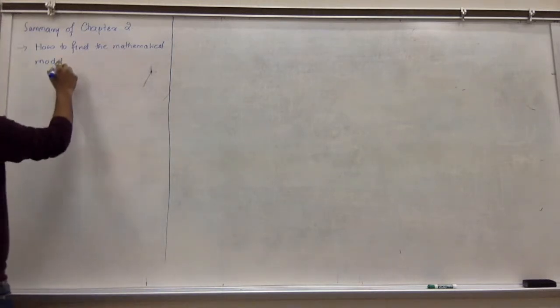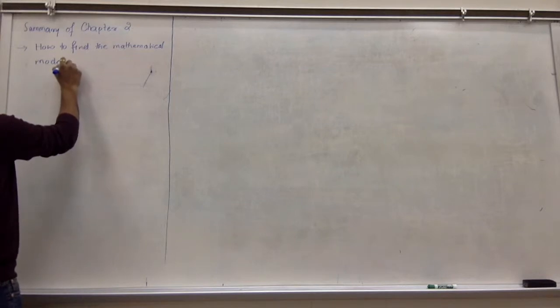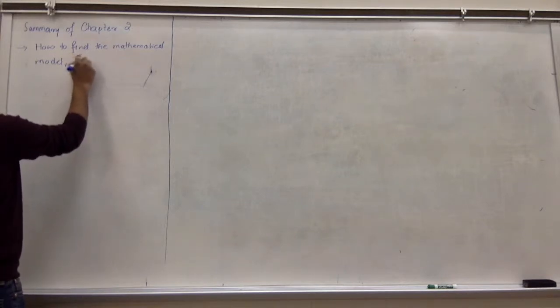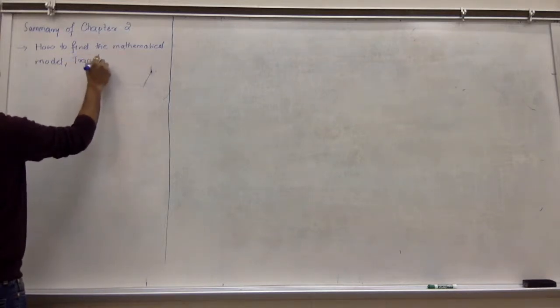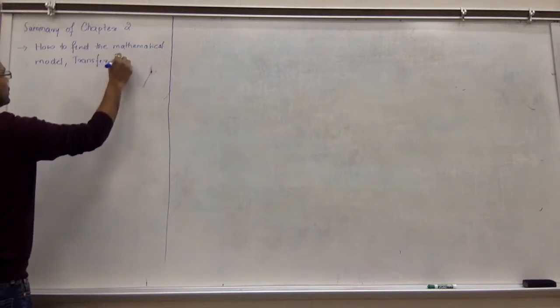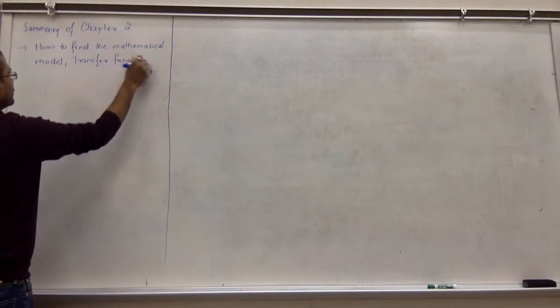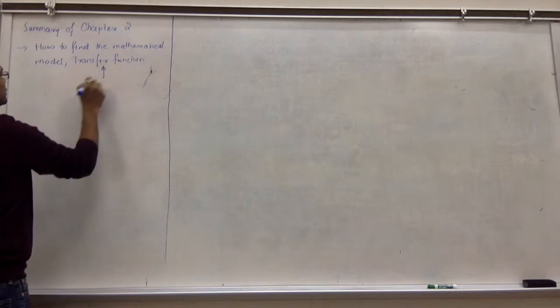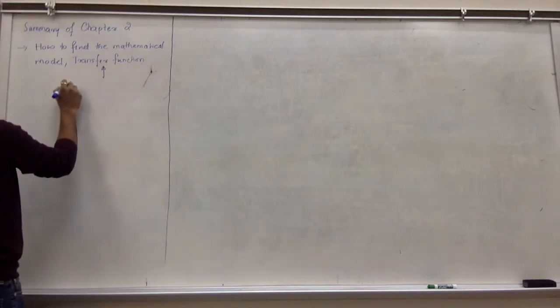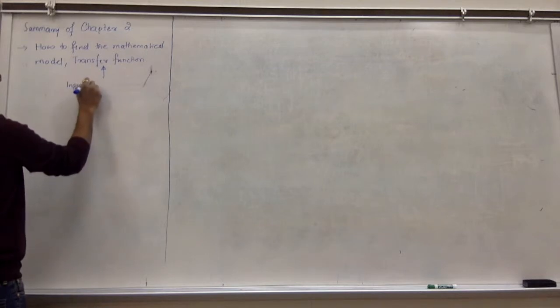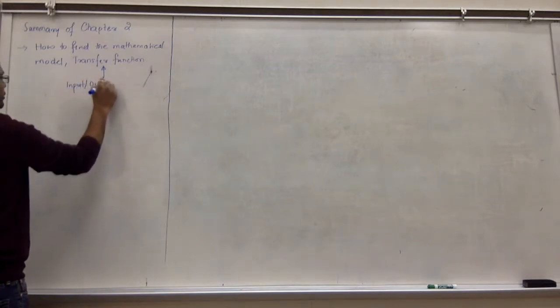Simpler, right? How to find the mathematical model, which we call here transfer function. Okay? And this transfer function is generally, you can say, input output relationship.